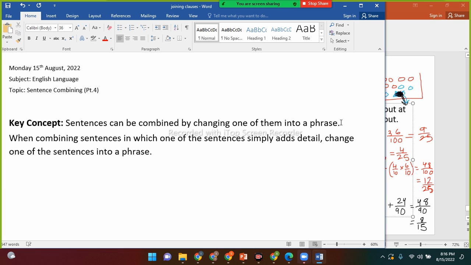So for example, let's say we have this uncombined one. We have this one: "My team plays tomorrow." "We play the Tigers."